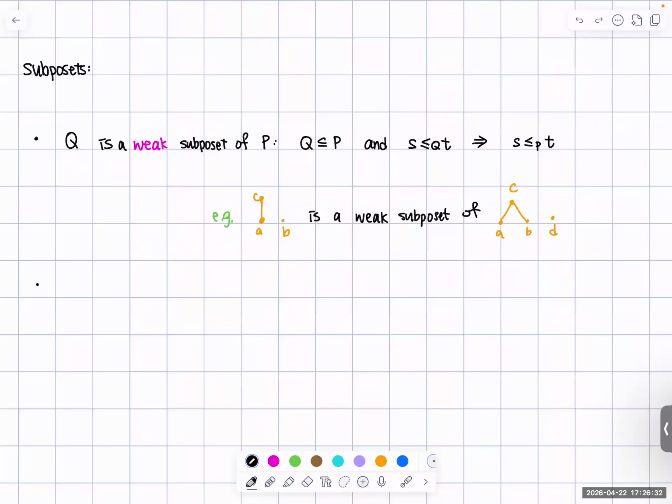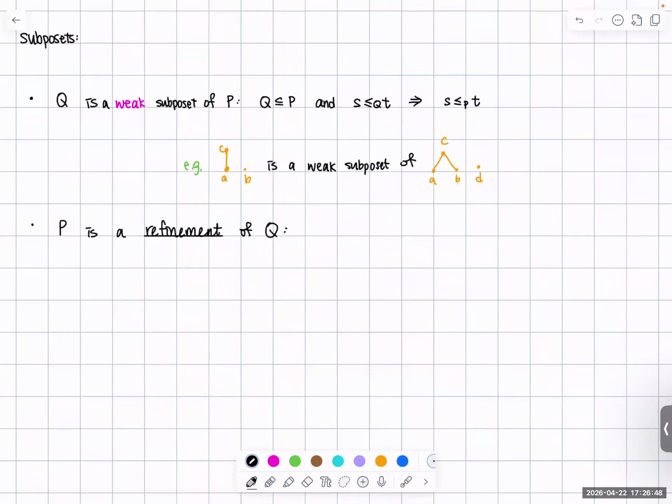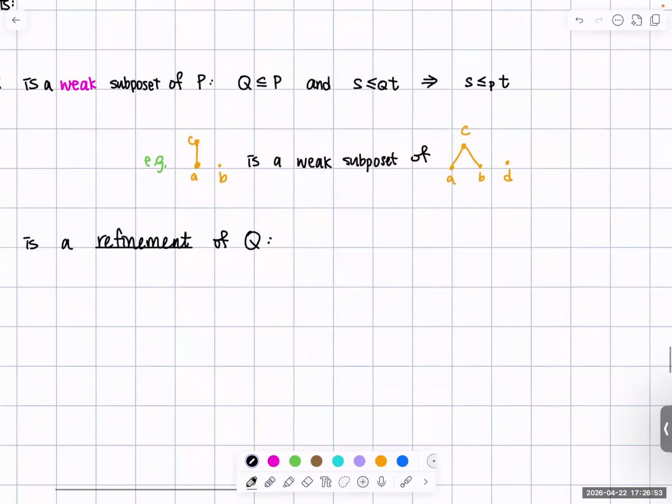Okay, so now another one is called a refinement. P is a refinement of Q, so Q would be a subposet of P if P is a refinement of Q. This is a special type of weak subposet: Q is a weak subposet of P, and Q and P are the same set.